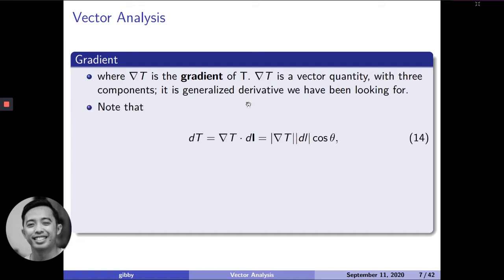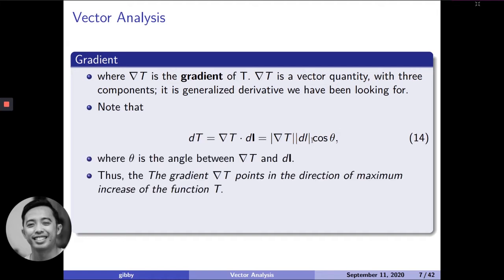Note that since it is a dot product, we have the magnitude of these two times cosine theta, by virtue of the definition of a dot product. So the gradient of T dot dl is the magnitude of the gradient of T and the magnitude of dl times the cosine of the angle between them.